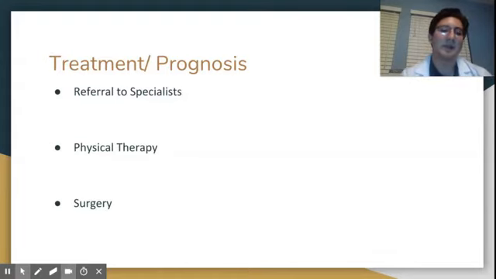Physical therapy, especially for joints and bones. If you do want to continue any sort of physical activity, that's definitely a possibility. And surgery, of course, we have to monitor all parts of the connective tissue, and surgery may be necessary, especially if we have a weakening of this tissue as it continues.